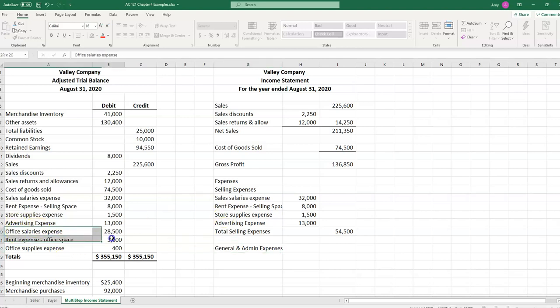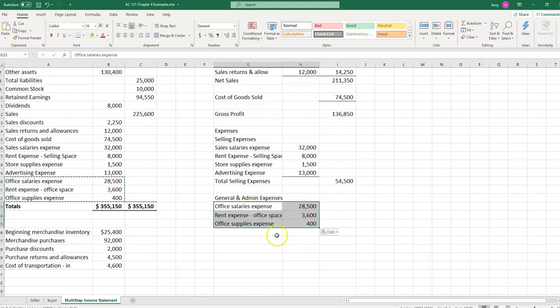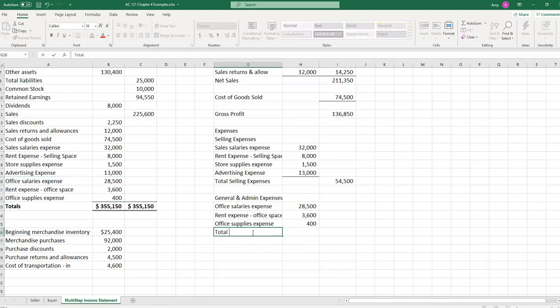These are remaining expenses, the office salaries, the office space, and office supplies. Add those together to get our total general and administrative expenses.